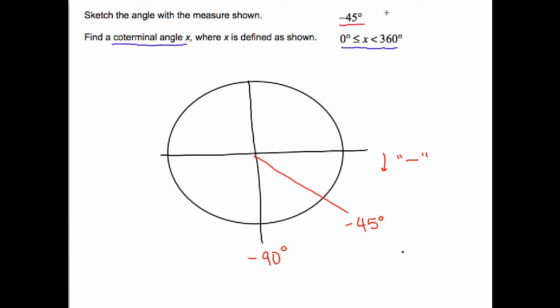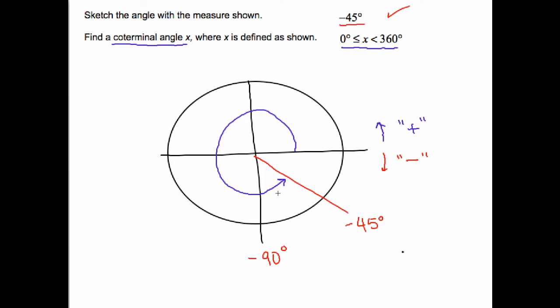So that's part A. Part B is I have to find that coterminal angle that has to be positive. So that means because that angle is between 0 degrees and 360 degrees, it's a positive measure of rotation, I'm going to rotate counterclockwise out to it. I'll do that so that it's coterminal, meaning its terminal side matches up with the terminal side of the rotation that I just sketched.